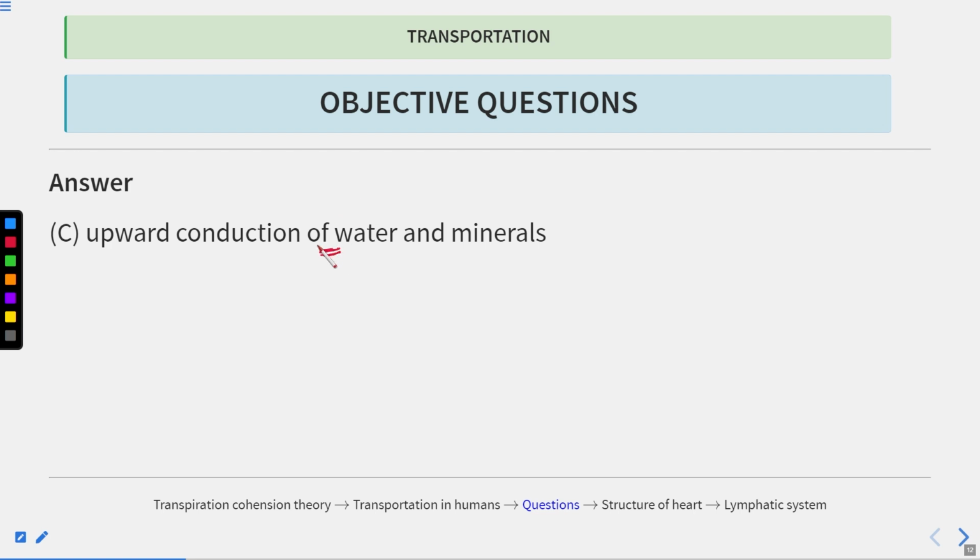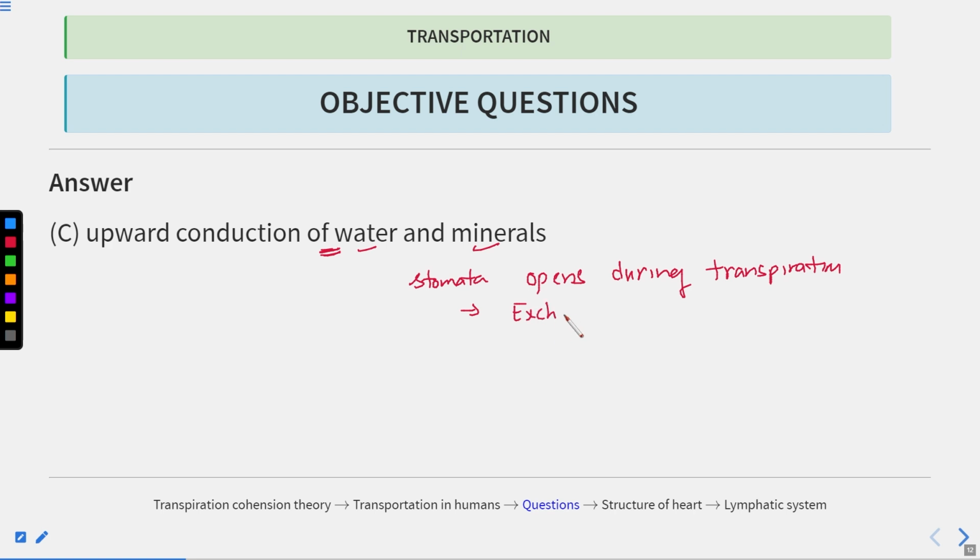This we have already seen in the previous question also, how the uptake of water or the ascent of water takes place. So along with the water, the minerals, salts and vitamins are also transported across the plant. Okay, so we know during transpiration, the stomata will open. And if the stomata opens, then what will happen?